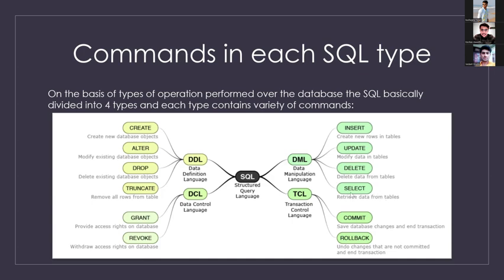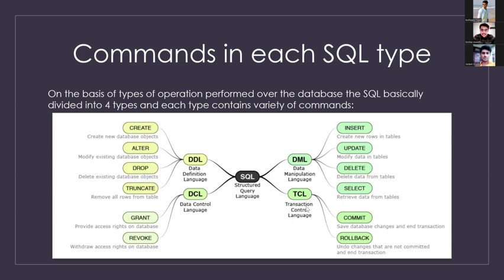If we add some conditions with select, then according to that condition, we can perform many different operations for the retrieval of data from our database. So this is actually what the select command does. We will cover all these commands in brief, so right now, don't worry about this.